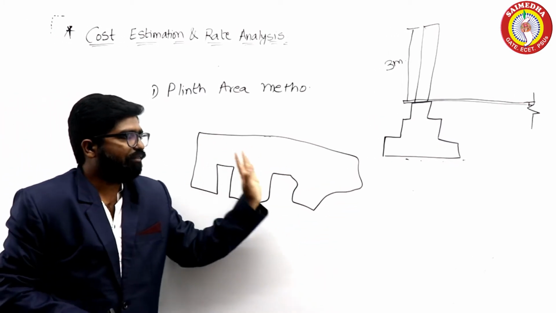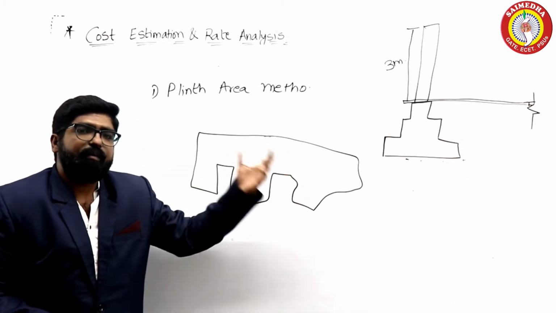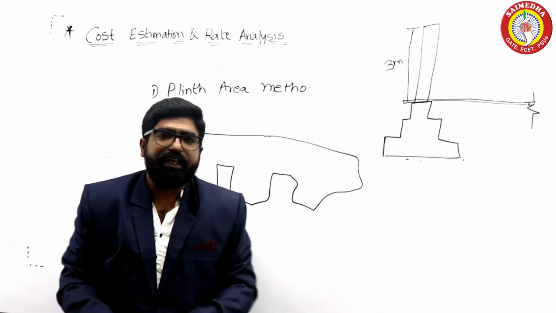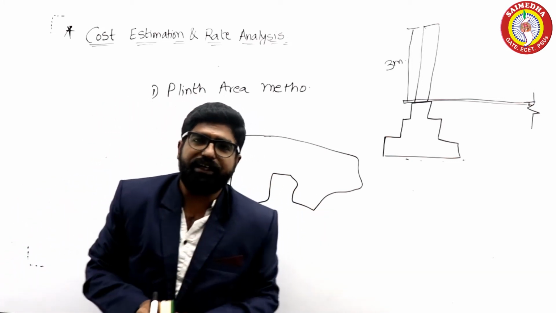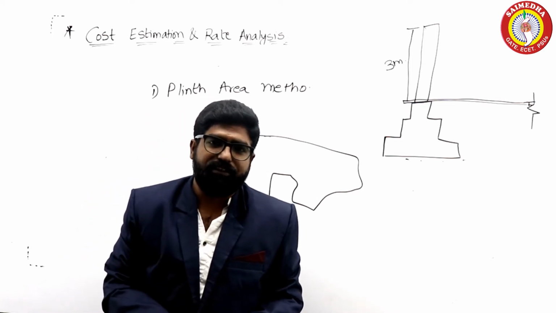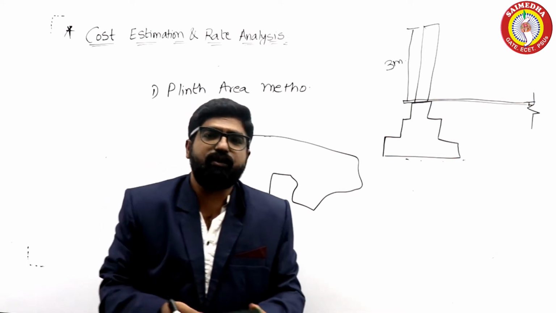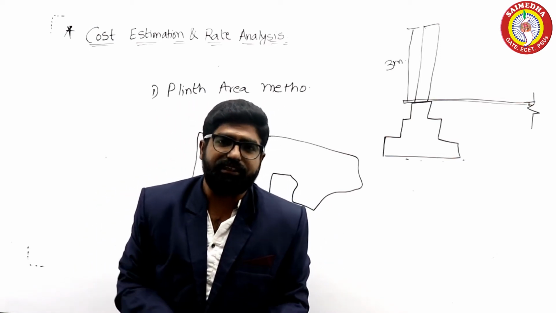If my plinth area is known, I multiply it by the price and get the cost of the overall project. If you have bought a house, they will ask you how many square feet. You will say 1800 square feet, 2000 square feet and so on. That square feet is simply the plinth area.